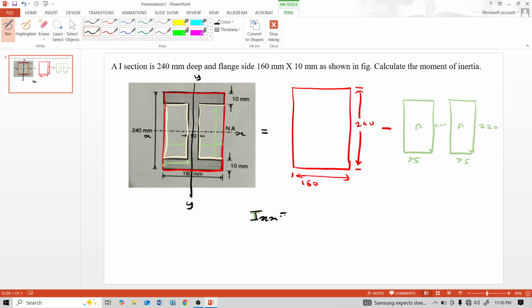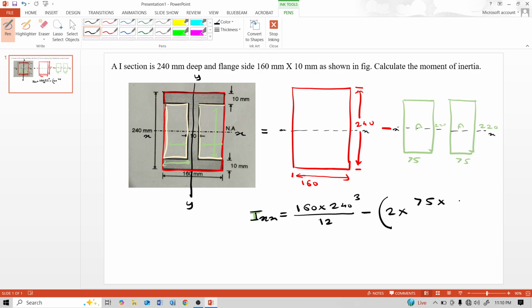I xx is equal to this rectangle's moment of inertia about the X axis, parallel to this X axis: 160 multiplied by 240 cube, that means BD cube divided by 12, minus these two rectangles, that means 2 multiplied by BD cube by 12 about the X axis, parallel to the X axis is 75 multiplied by 220 cube divided by 12.